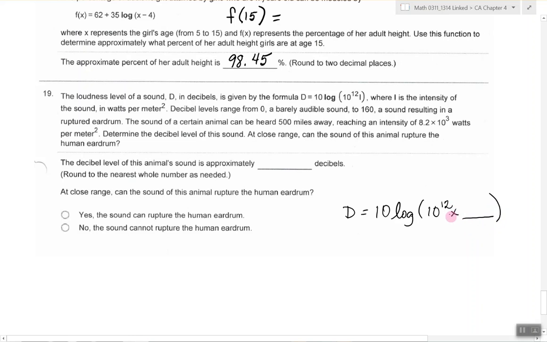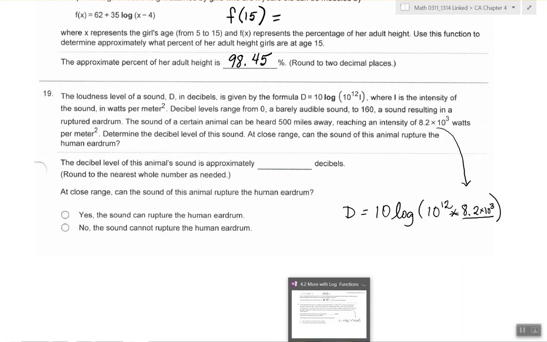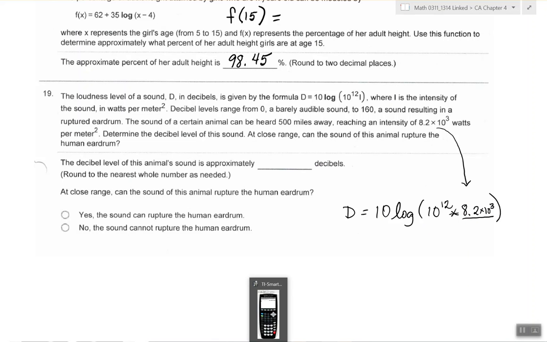And I'll just change that into a multiplication symbol there. The intensity of this particular sound is 8.2 times 10 to the third. And that is what I'm going to type into my home screen, and it's going to give me the decibel level. Okay, so off to my calculator.